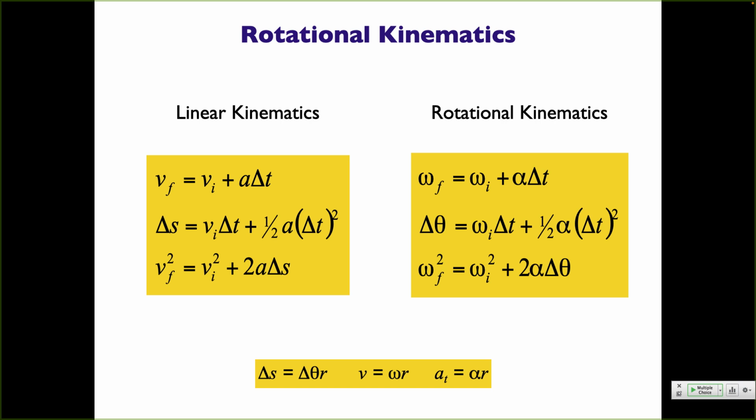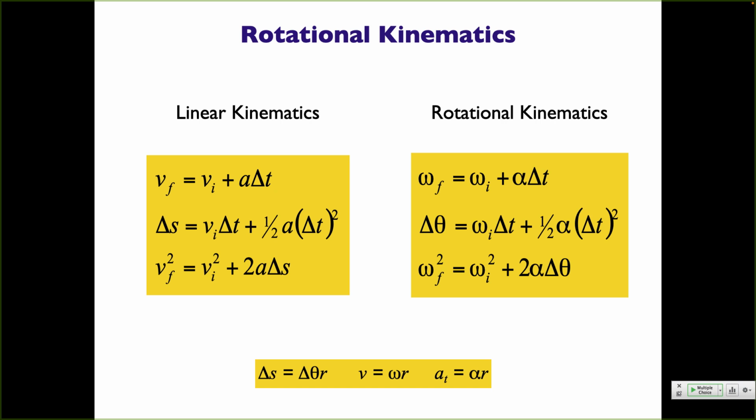Velocity is just angular velocity times r, and this is tangential velocity. Tangential acceleration is just angular acceleration times r, and r is just your distance from the center. So it's not necessarily the radius of the object, it's wherever you are on the object with relation to the pivot point or the center of rotation.